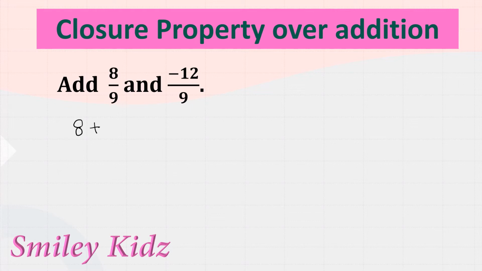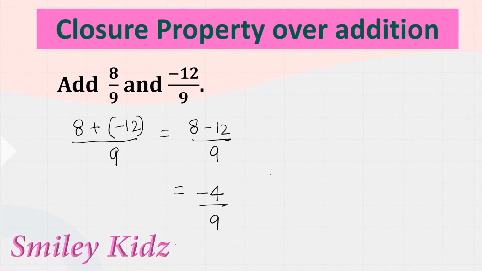8 plus minus 12 by 9, which is equal to 8 minus 12 by 9, which is equal to minus 4 by 9. 8 minus 12 is minus 4, which will be equal to minus 4 by 9.